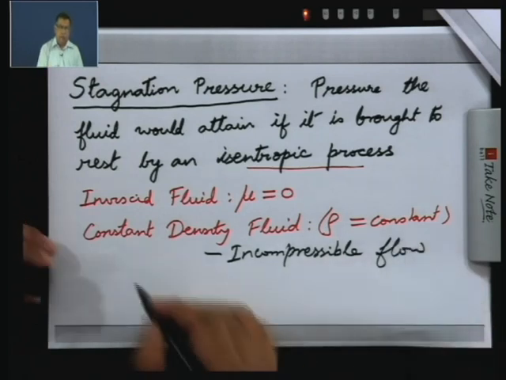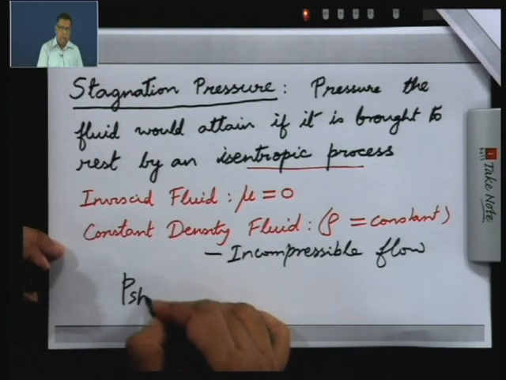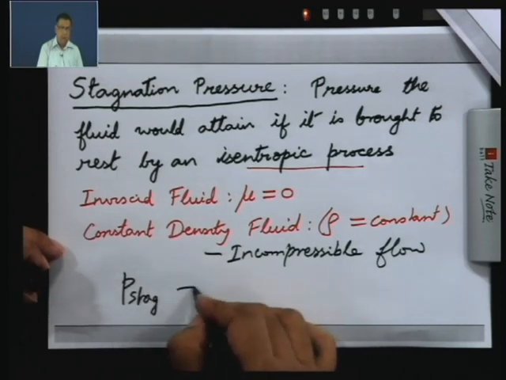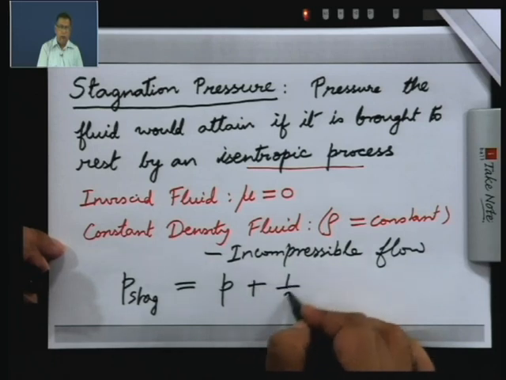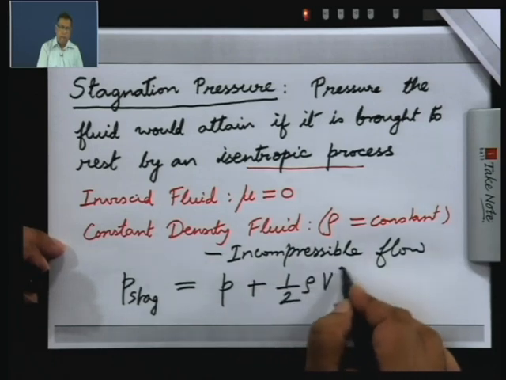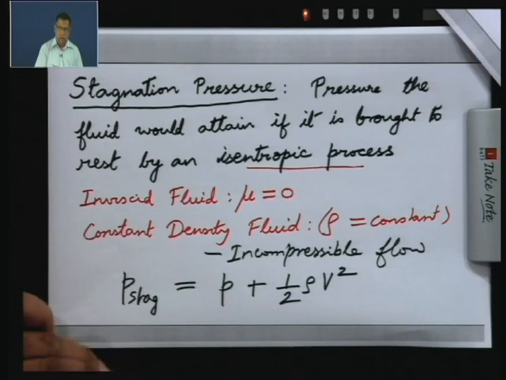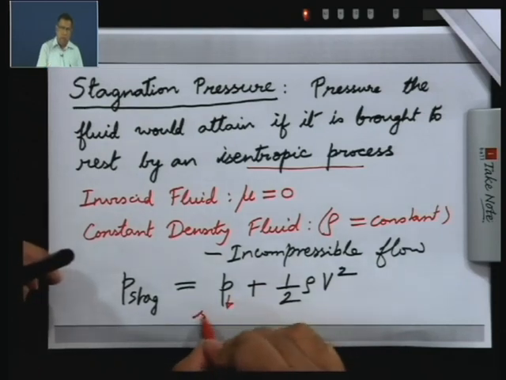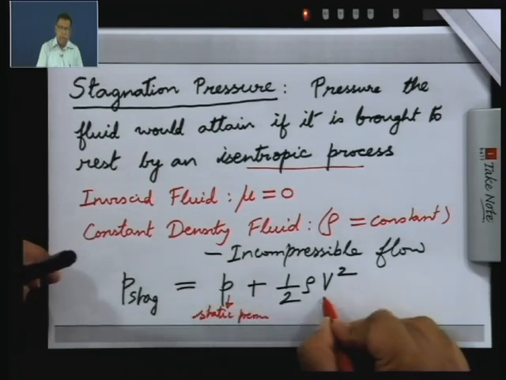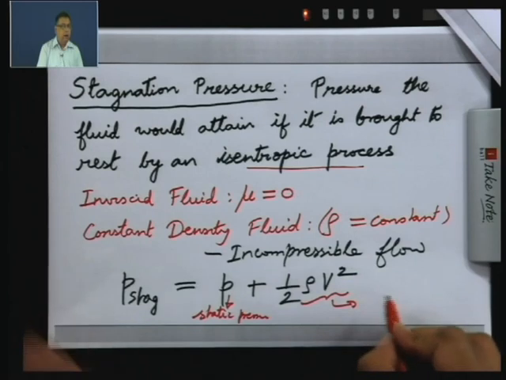Then for this case the stagnation pressure is, as we have shown, the sum of the static pressure and the dynamic pressure. So, this is the pressure we were talking about earlier, static pressure, and this is what you call the dynamic pressure.